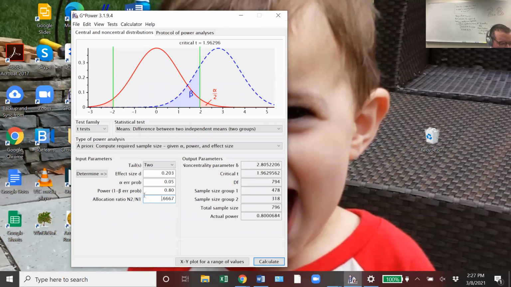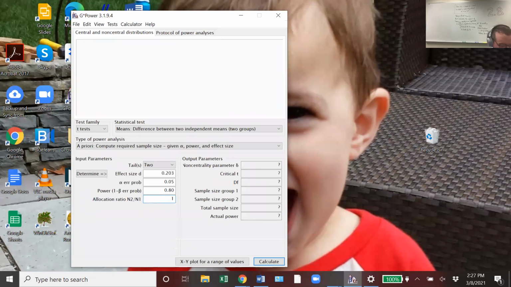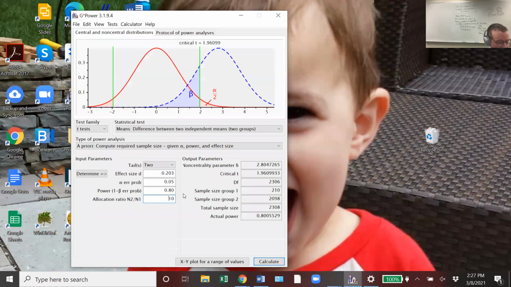But let's do a big departure. Let's say we had 10 times as many controls as treatments, rather than 1.5 times as many. Whoa! So now you can see how big a hit it is. Now all of a sudden we're up to 2,308.